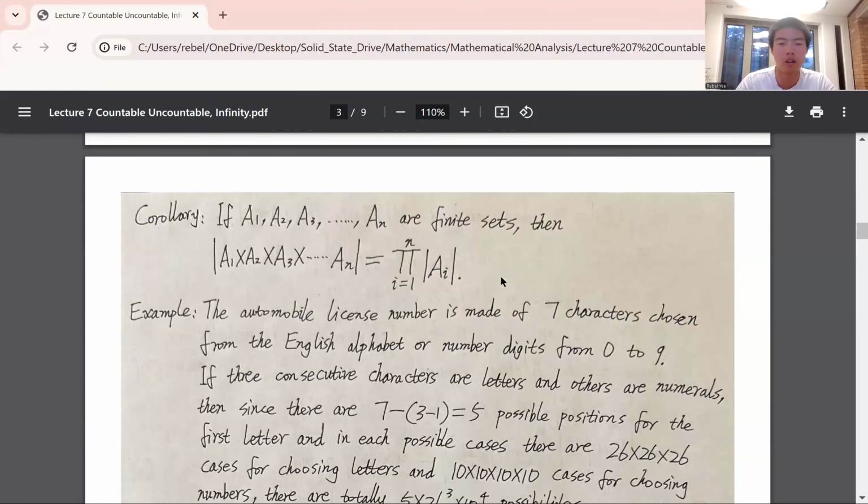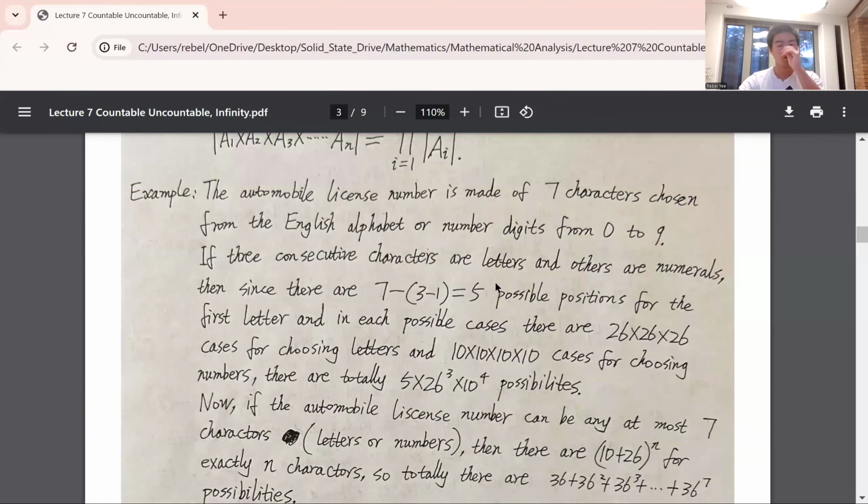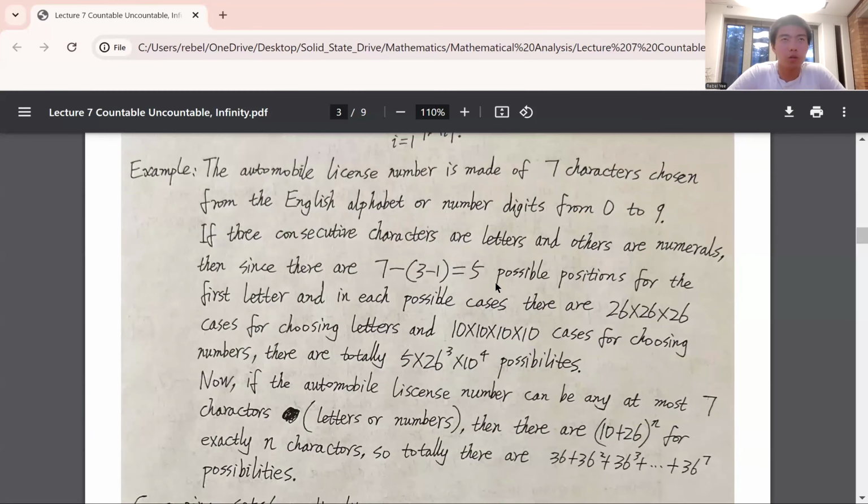Let's see another example, very similar to the telephone number. An automobile license number is made of exactly 7 characters, chosen from the English alphabet A, B, C, D to Z, or numbers from 0 to 9. So there are 26 English letters and only 10 digits.